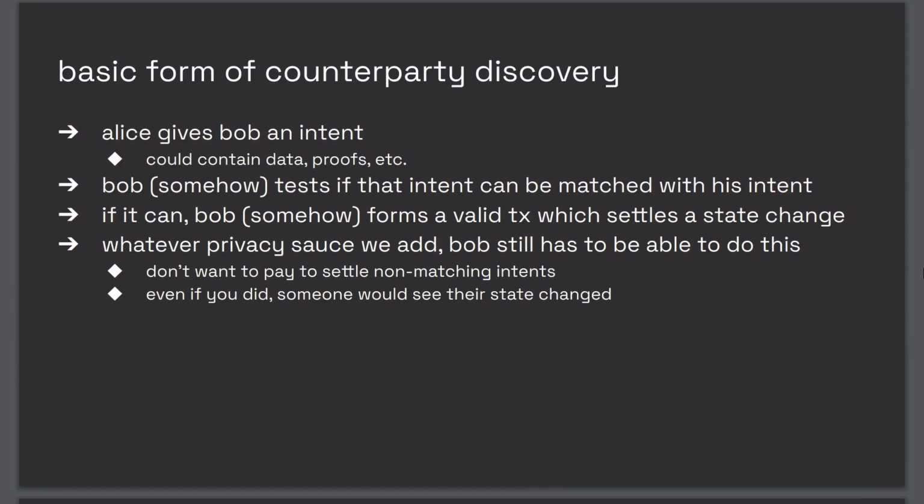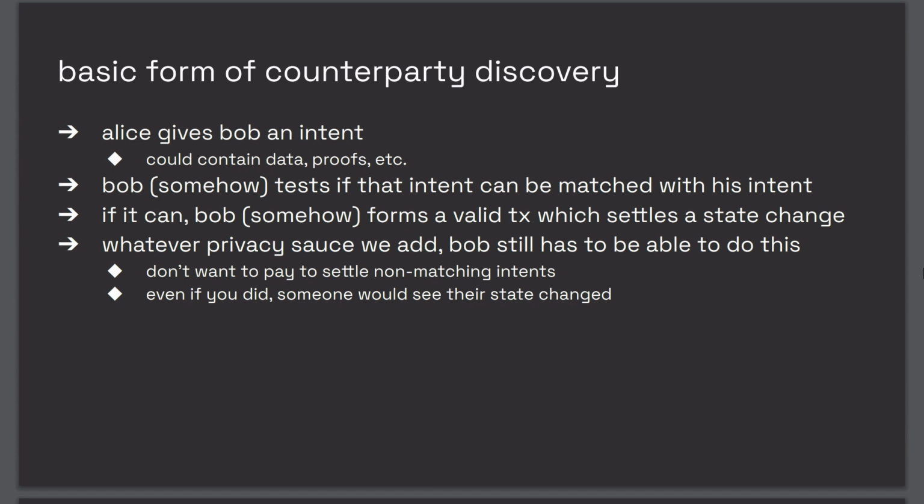So let's recap the basic form of this generalized counterparty discovery, to which we want to add some kind of privacy. In this basic form, we have, let's say, Alice and Bob, classic. Alice gives Bob an intent. This intent in the architecture can contain anything we want to put in there. It could contain data, proofs, etc. But this is an off-chain interaction over some kind of gossip network. Bob needs to be able to test if that intent can be matched with his intent.